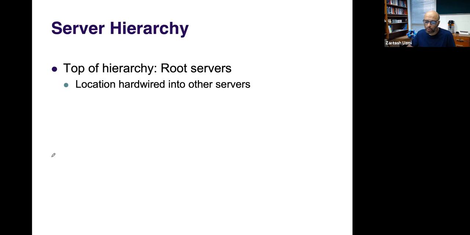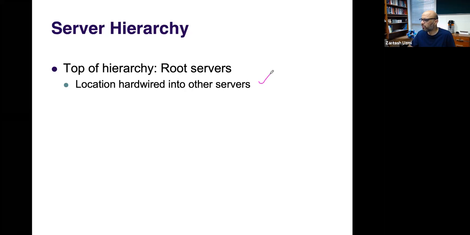Okay, you also have a server hierarchy at the top. We have root servers and TLDs, top level domains. The locations for the root servers are hardwired, and the reason is that sometimes you have to access the root servers. Almost rarely do you access the root servers, because you have cached the top level domain name servers; almost everyone would have cached that.